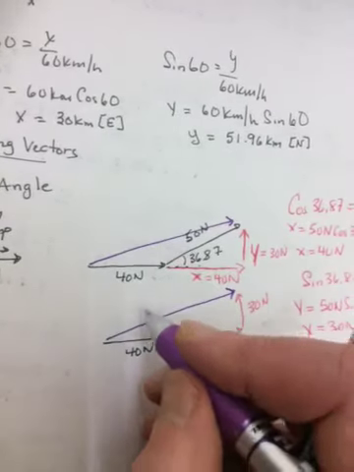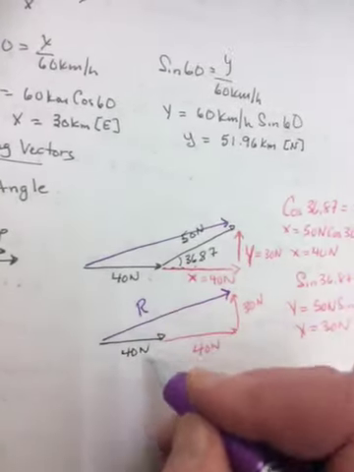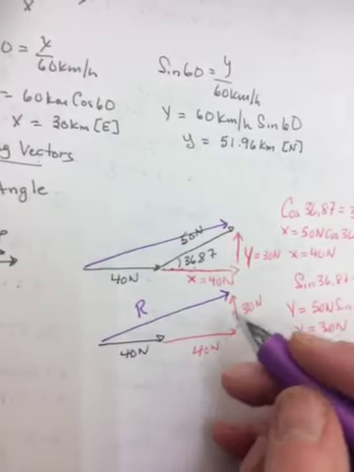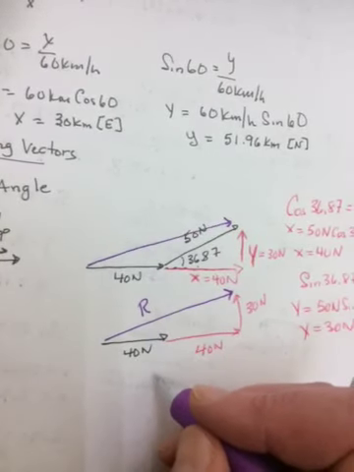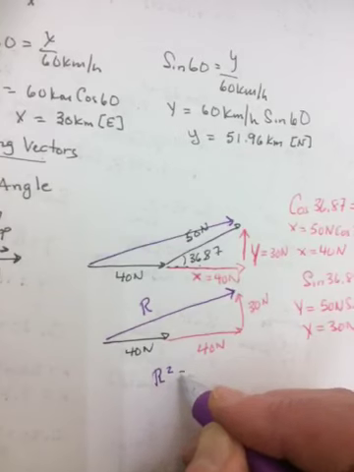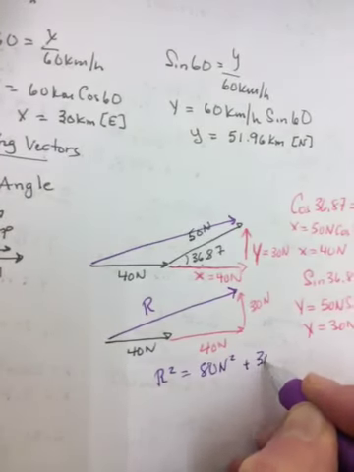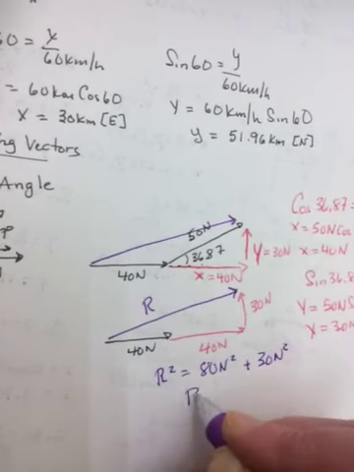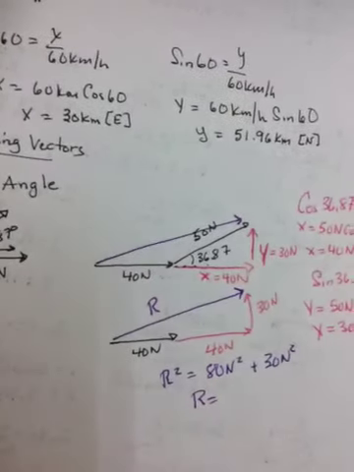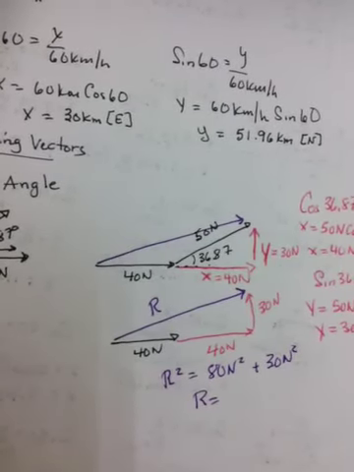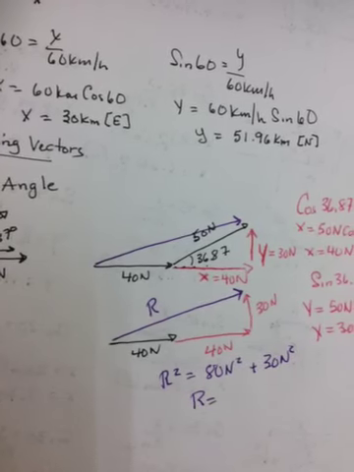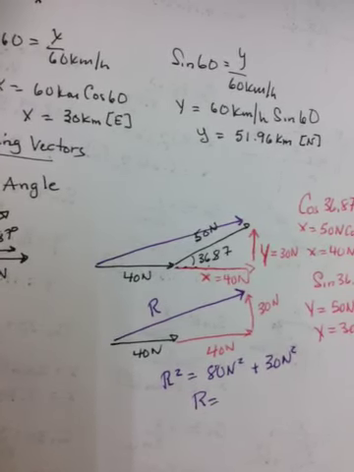And so now it looks like case 3, it's a right angle triangle, and I can just do the Pythagorean theorem. So r squared is going to equal 80 newtons squared plus 30 newtons squared. Take the square root. So 80 newtons squared is just 6,400. 30 squared is 900.